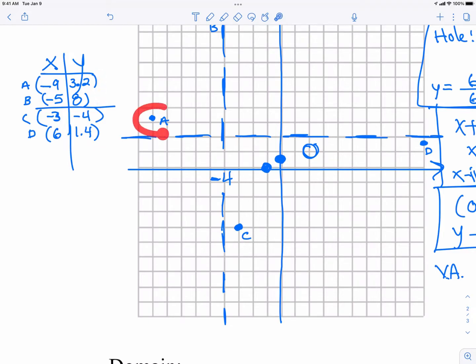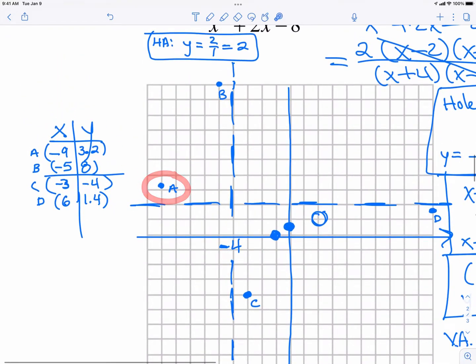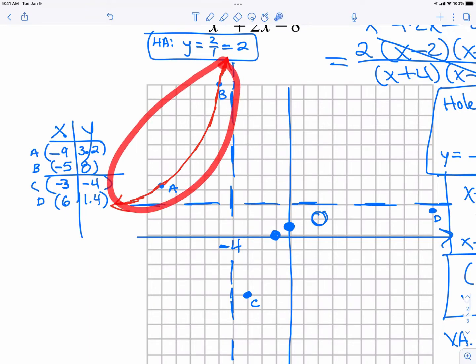Point A is at negative 9, comma 3.2, and point B is at negative 5, comma 8. I know the graph has to pass through both of these points, and it has to curve and get infinitely close to that horizontal line here. So it flattens out here, and then it should be a little more vertical as it gets closer to negative 4. All right, so that's what it looks like on that side.